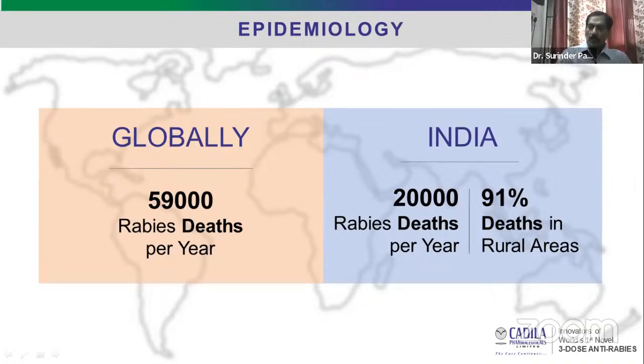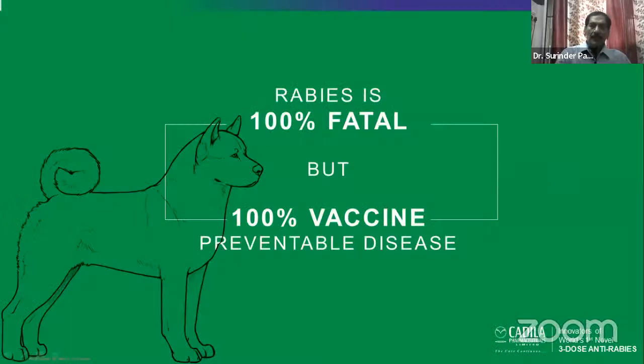We are suffering too much from rabies in India. Rabies is 100% fatal, as we all know, but it is also a 100% vaccine-preventable disease. This is the main point here, that we can prevent rabies disease with the help of the rabies vaccine.